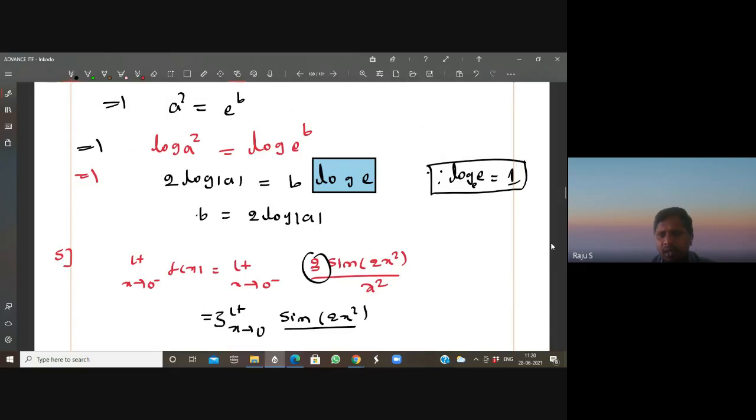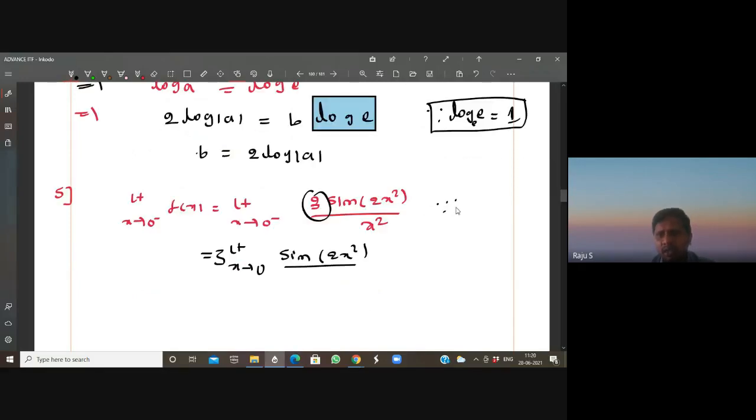There is a formula. Since we know that limit extends to 0, sine ax by ax is equal to 1. So whatever the x coefficient is, ax, the denominator must also be ax. But here 2x square is there in the numerator, and in the denominator only x square is there. Students, it is very simple.